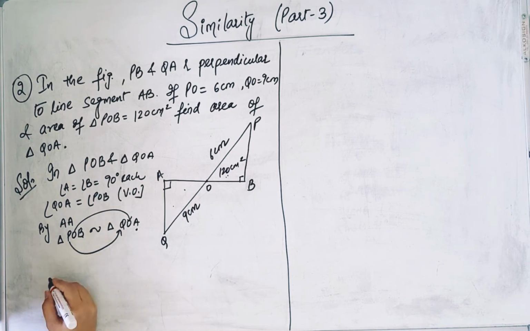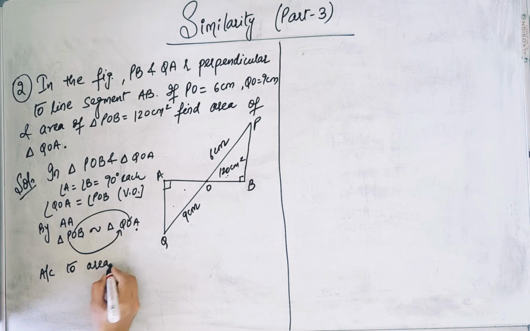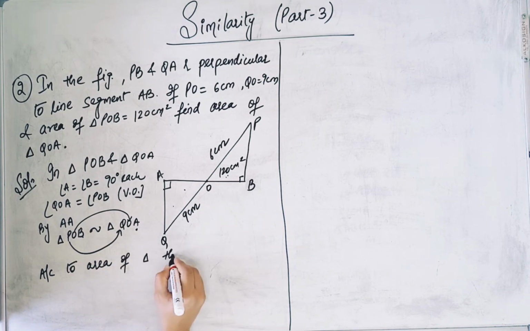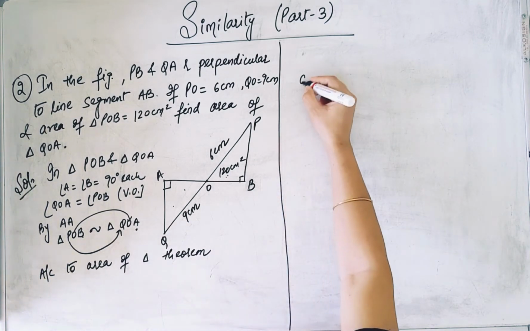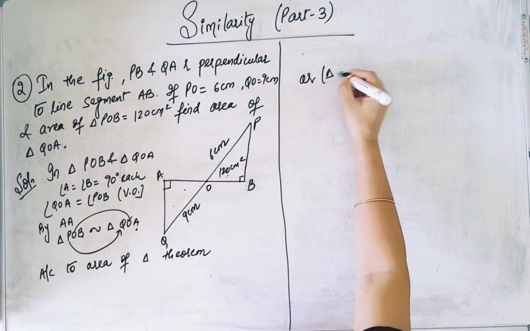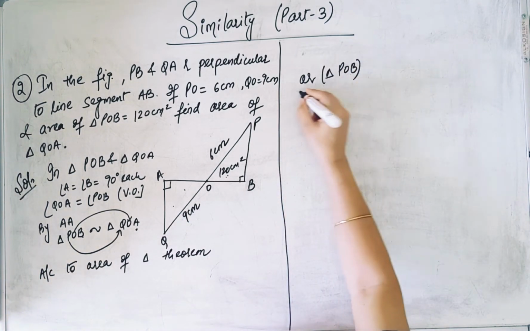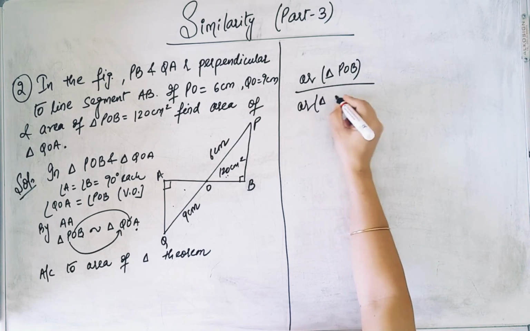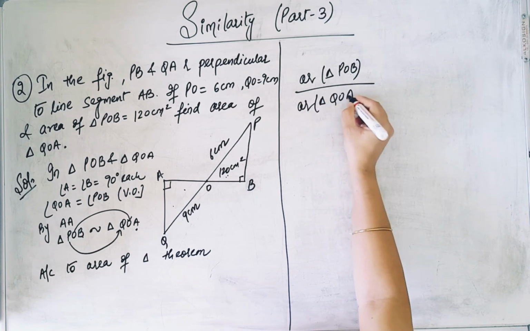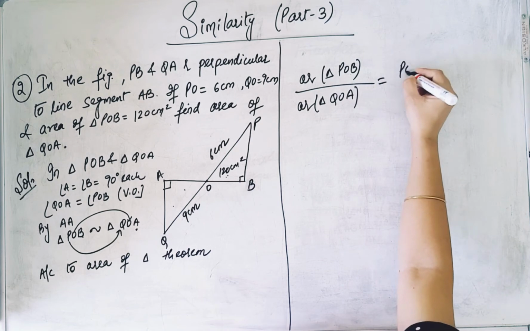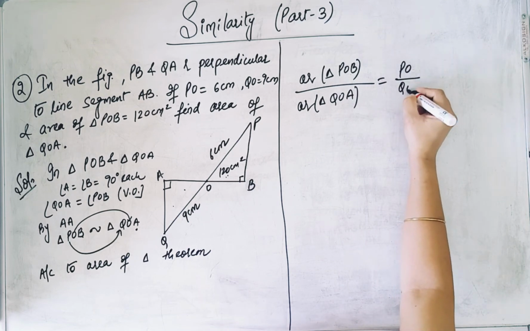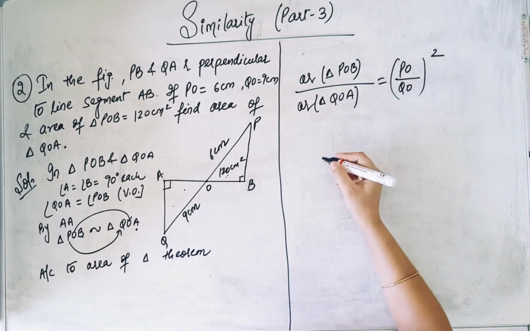Now, if triangles are similar, we can write according to the area of triangle theorem. We have to write the statement also. We can write area of triangle POB by area of triangle QOA equals PO upon QO whole square.